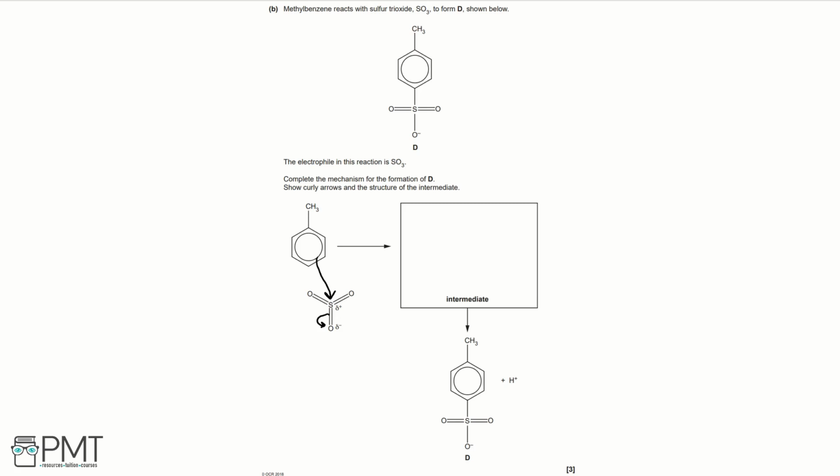And then this is going to form the negative that we can see in part D. And we'll have the intermediate with the structure that's going to look like this with our group we want to add. So our sulfur double bonded to an oxygen, double bonded to an oxygen, and singly bonded to an O negative.